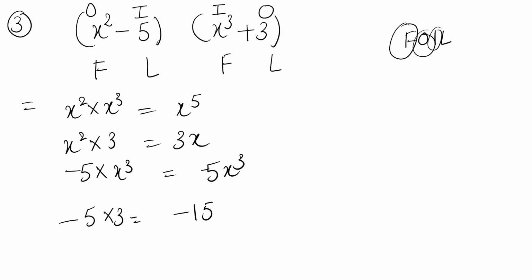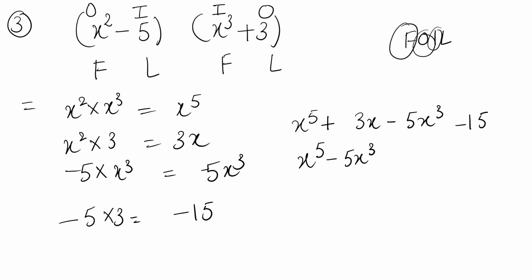Now we write these terms in a horizontal way with their signs: x to the power 5, plus 3x squared, minus 5x cubed, minus 15. Now we arrange these terms according to their powers: x to the power 5 minus 5x cubed plus 3x squared minus 15. So this is the answer.